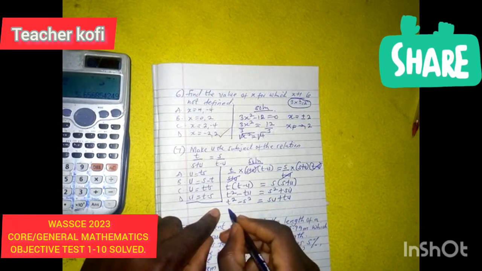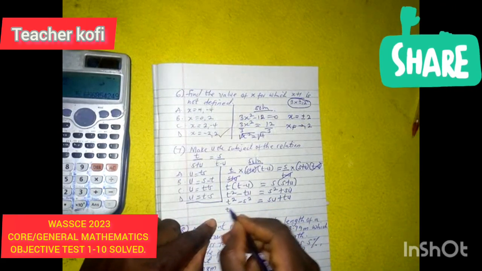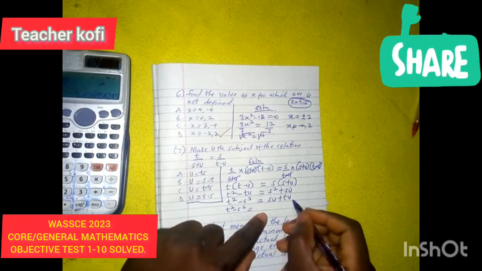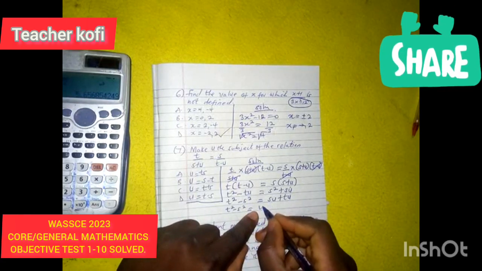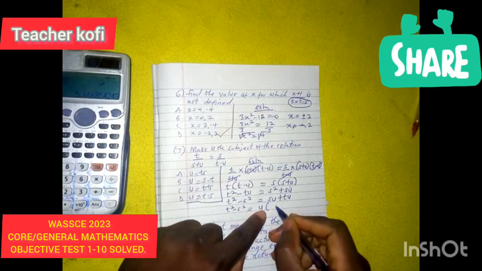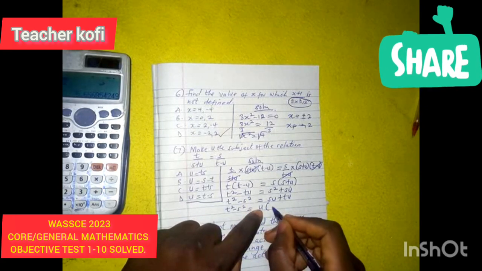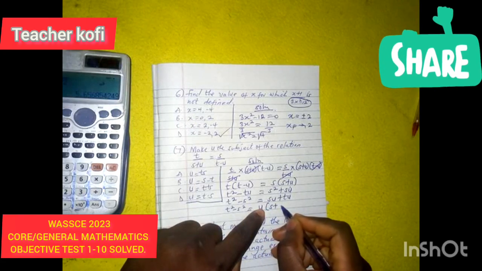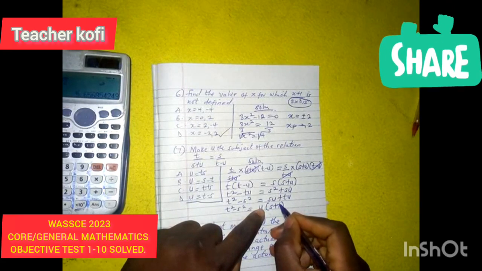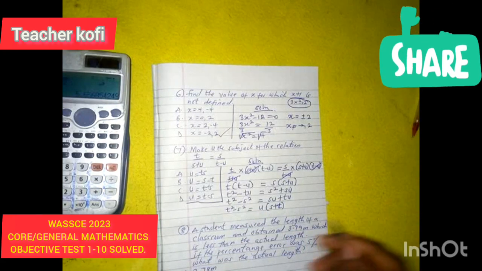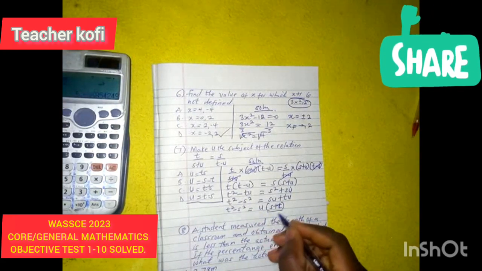So now t squared minus s squared equal to, let's factorize this. Let's bring u out. u is equal to, you can bring u out, so to be s plus t. So to find u, we divide both sides by s plus t.